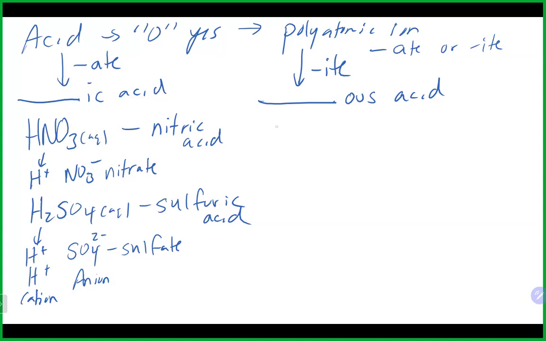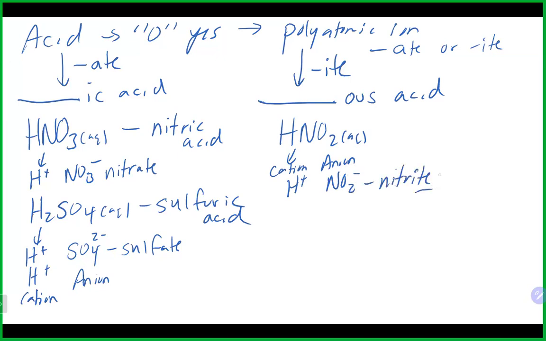So if we take HNO2, cation here going to be H plus, anion going to be NO2 minus. That is our friend nitrite, ITE. This is nitrous acid, yeah, in this particular case.